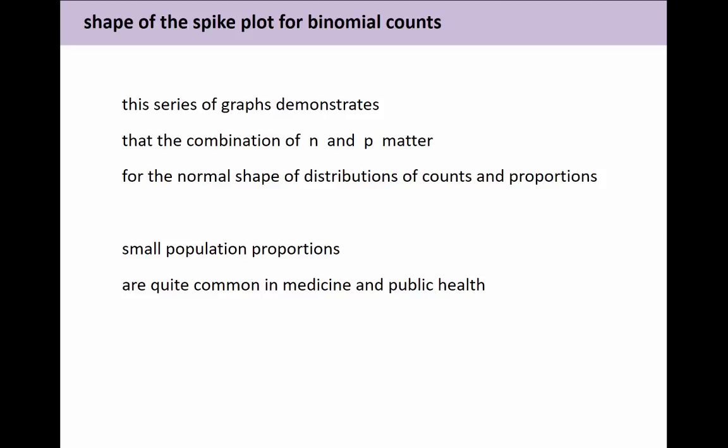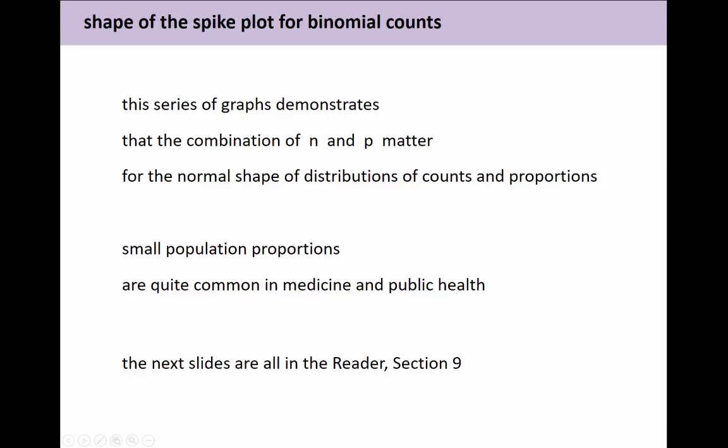If we're looking at rare diseases or rare mutations or other characteristics, we need to be able to work with small population proportions. And all these slides are in the reader, but again, I'm hoping that doing this in a spoken form may make the material a little more accessible.